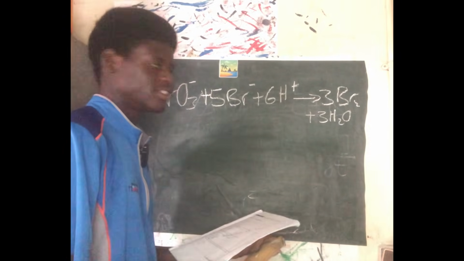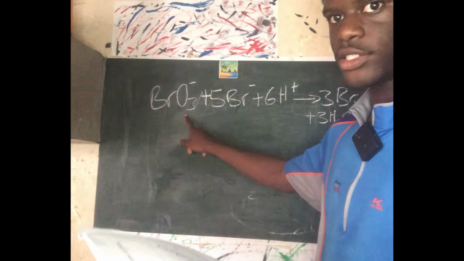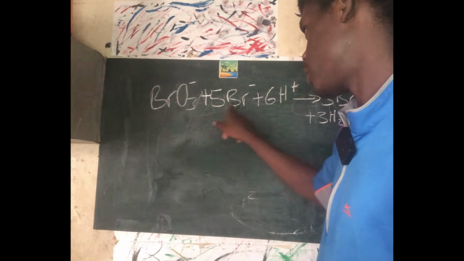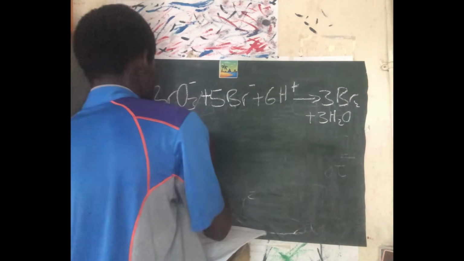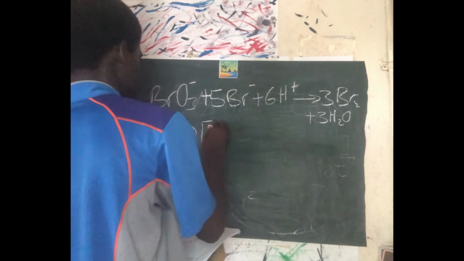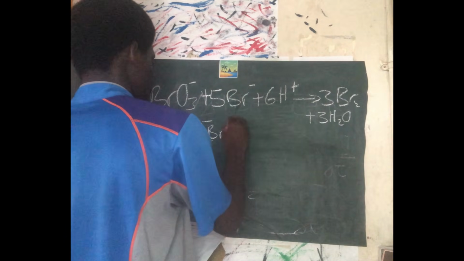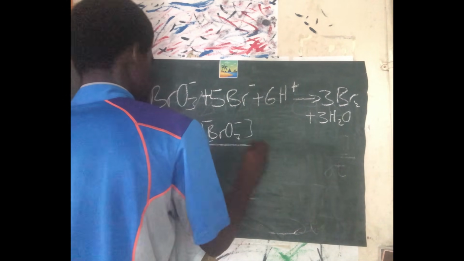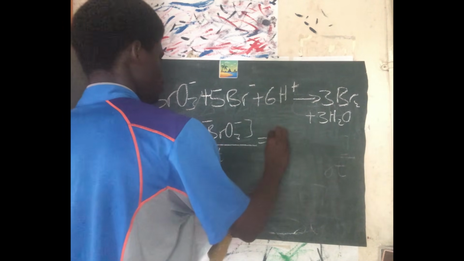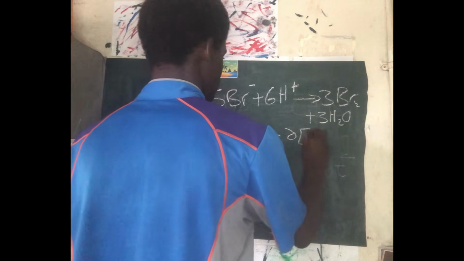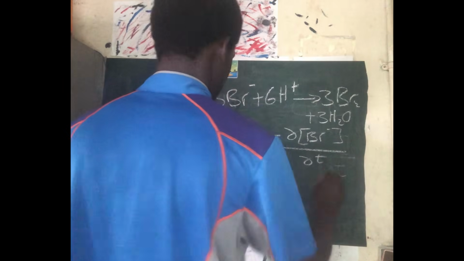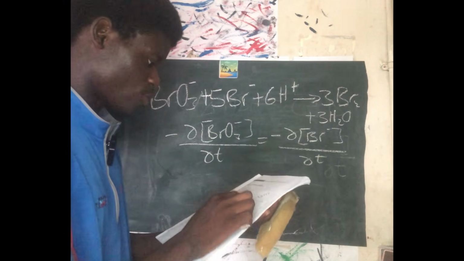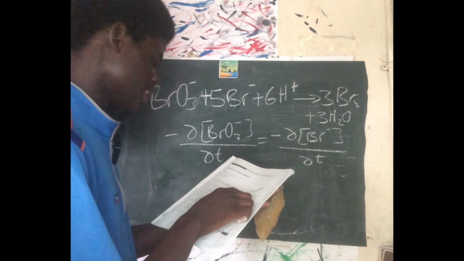So they gave us the rate of reaction for this, and they said we should find the rate of reaction for Br minus. So let's find the formula that connects these two. That will be minus dBrO3 minus over dt is equal to minus dBr minus over dt.